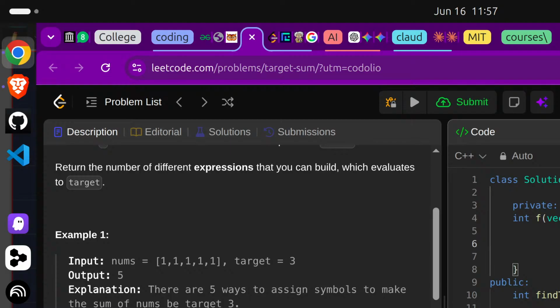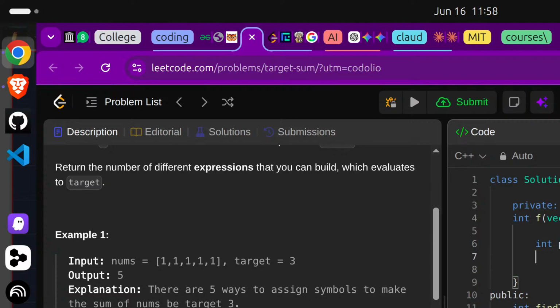One is plus, one is minus, right? So plus is like we are plusing it, so nums i plus 1 and target minus nums i, right?